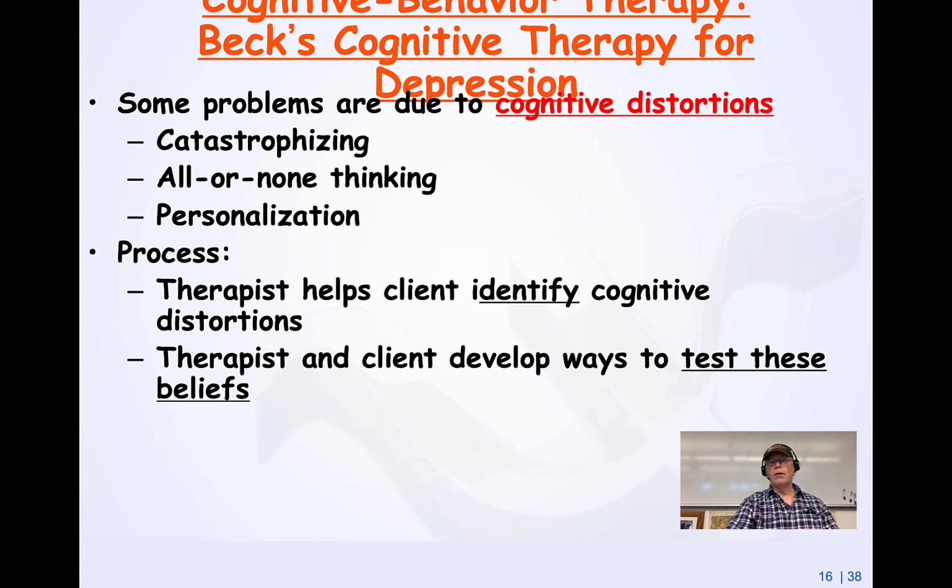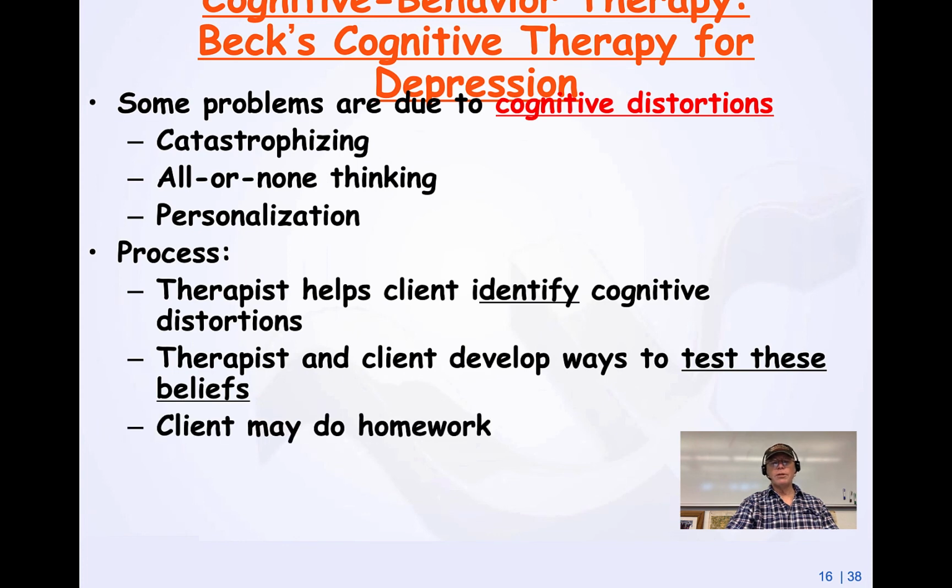Now it may not be a cognitive distortion. This is where the therapist probably helps you identify them. Once you identify it and believe it's actually a distortion, then you have to figure out, so what would it be like if you did this? What would it be like if you thought that, right?